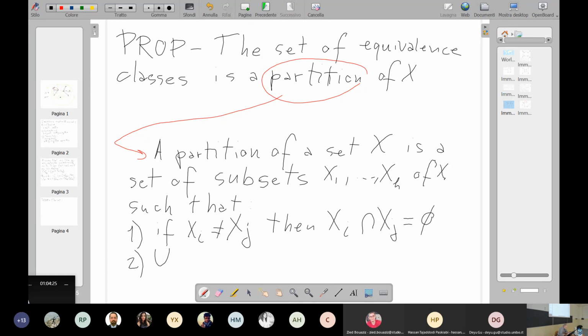If I make the union of i from 1 to h of Xi, this union is the whole set X.